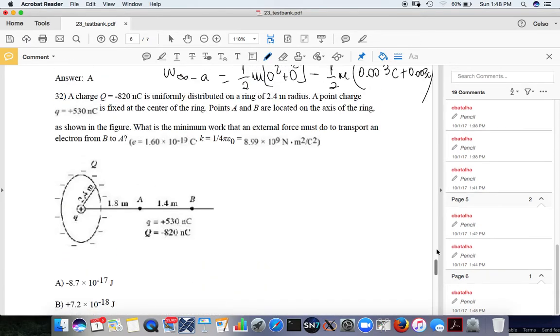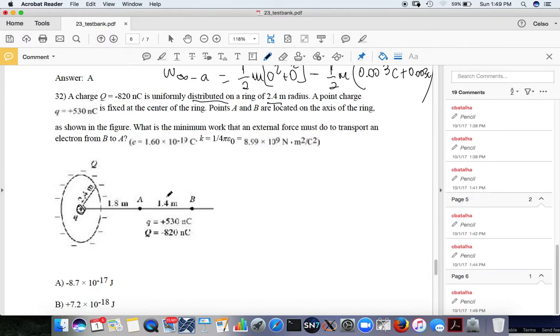So what is this? We have a charge Q uniformly distributed on a ring. The radius is given. They have a point charge Q at the center of the ring somewhere here, and you have points A and B located on the axis. What is the minimum work? Same idea.